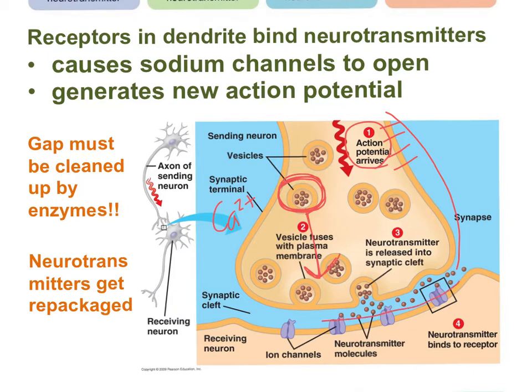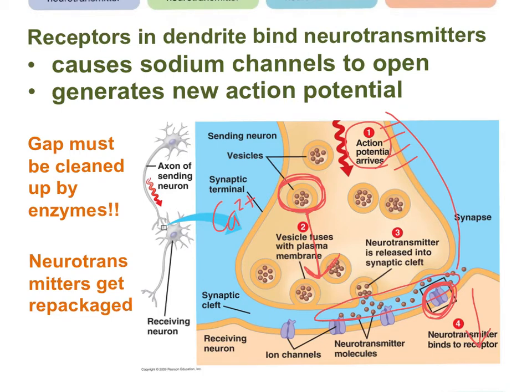My neurotransmitter is then in the gap, and that neurotransmitter is going to bind to the receptor proteins. Shape is critical. Only some neurotransmitters can bind to some receptors. When that neurotransmitter binds, it will initiate an action potential in this neighboring neuron.